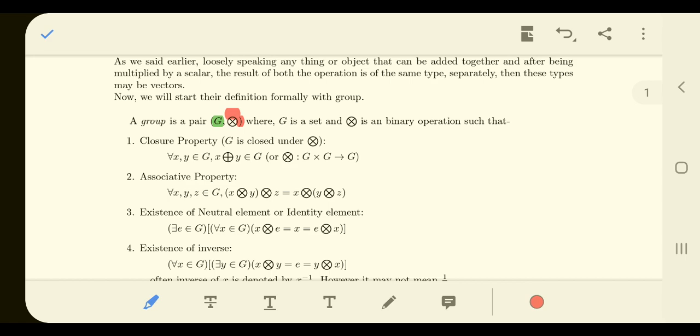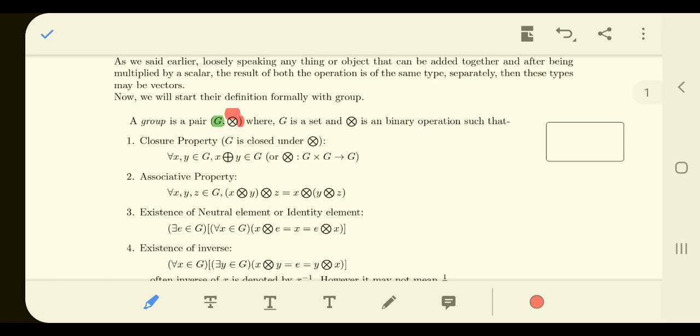Let us suppose that you have an element X in G. Now you should have another element Y in G such that when you operate X with Y or Y with X, you get the neutral element. Once you have that neutral element, then y can be said to be the inverse of x, or x can be said to be the inverse of y. So both ways it works.